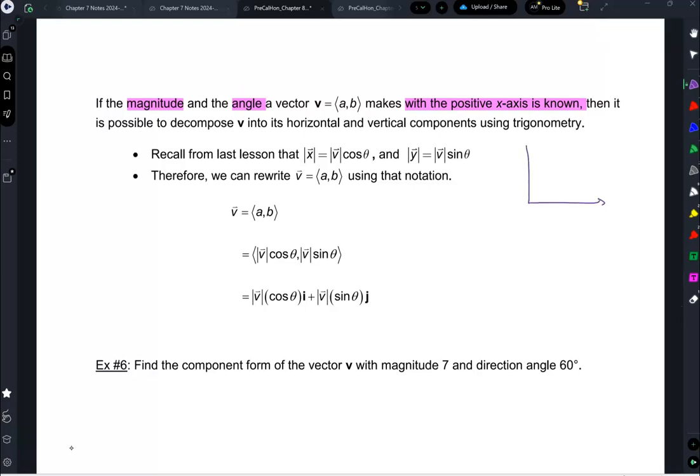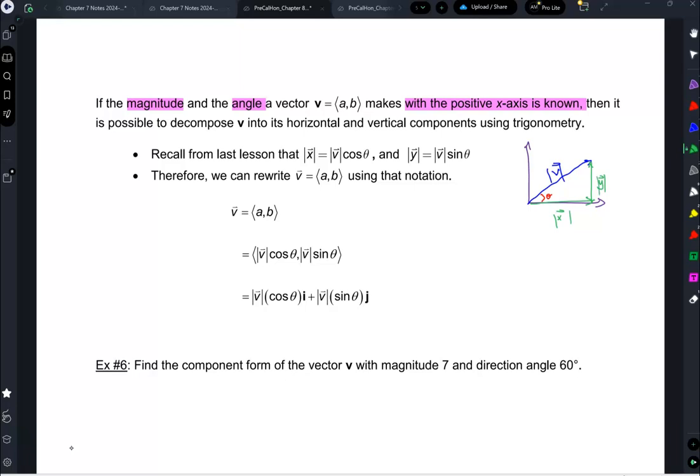So if you have a vector v, and you know this angle and this magnitude, then you can decompose this into its horizontal and vertical components.